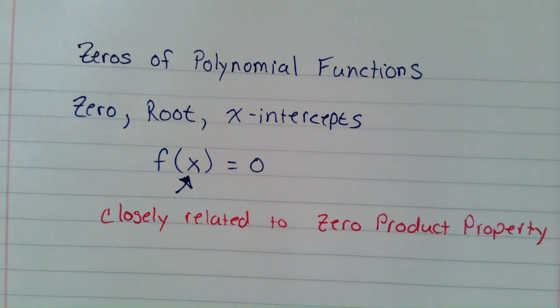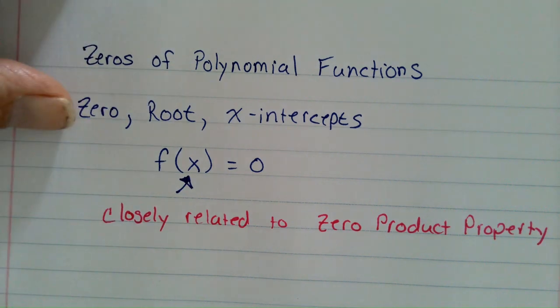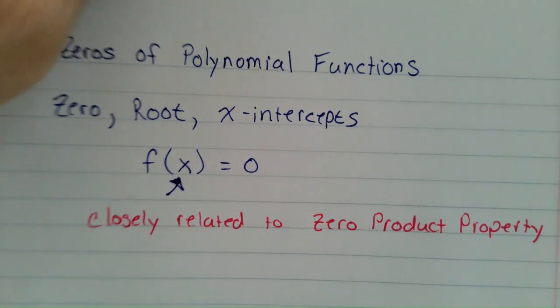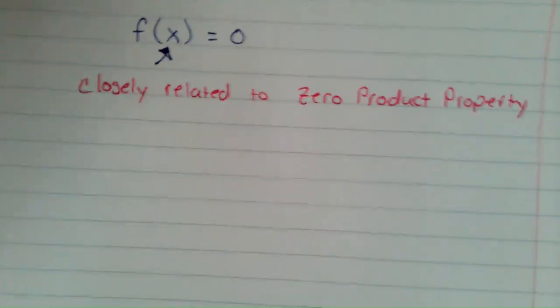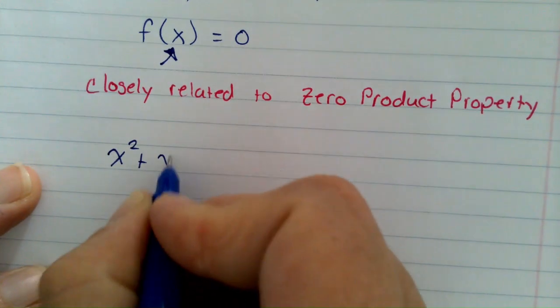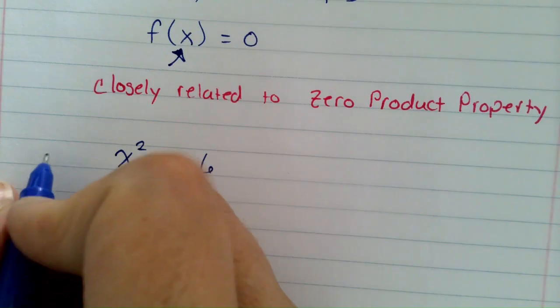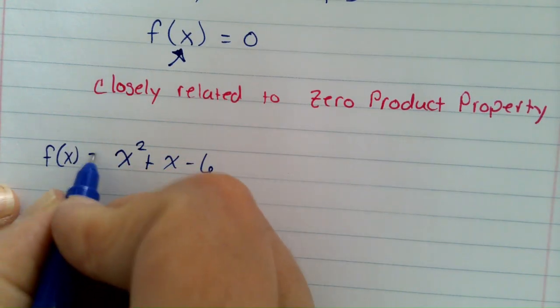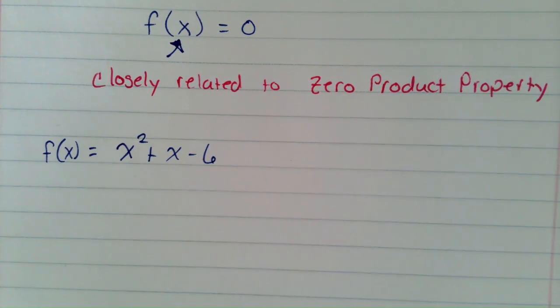Okay, so let's think about this function, and we're going to be trying to find the zeros or the roots or the x-intercepts. x squared plus x minus 6. Let's say this is our f of x, and you have to find the zeros or the x-intercepts or whatever.